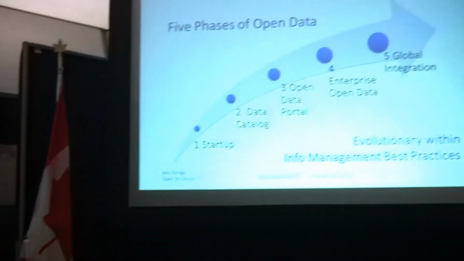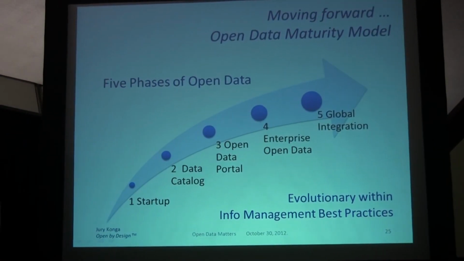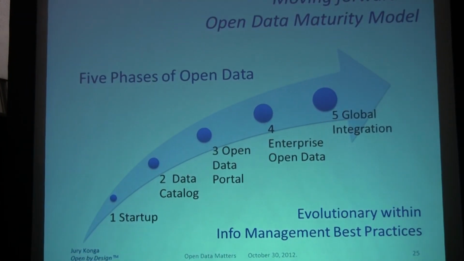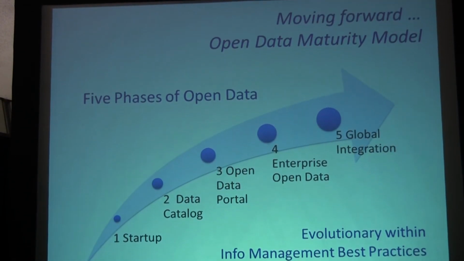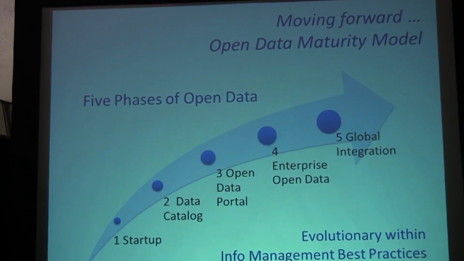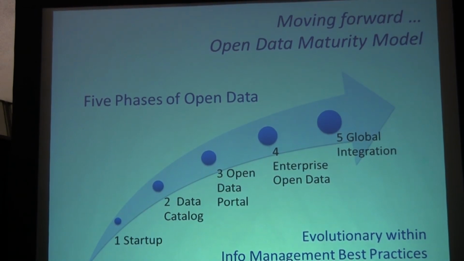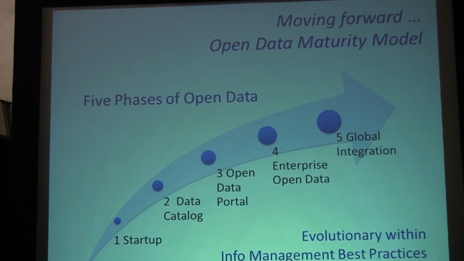We look at the 5 phases of open data from my perspective: from a startup, to a data catalog, to an open data portal, which is much more than the catalog, to enterprise open data across the entire organization, and then global integration. By global integration, what I mean is if you think about health data at a local level as an example, and then you bring it up to a regional level, to a provincial level, to a national level, and then all of that information gets aggregated.